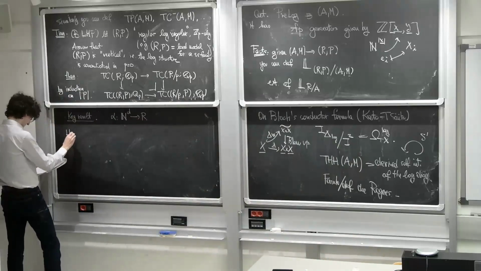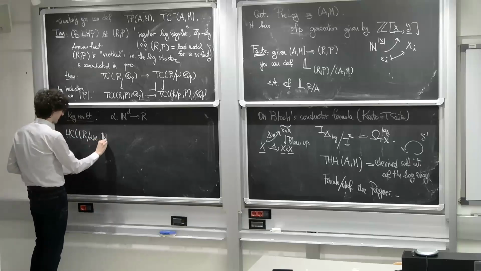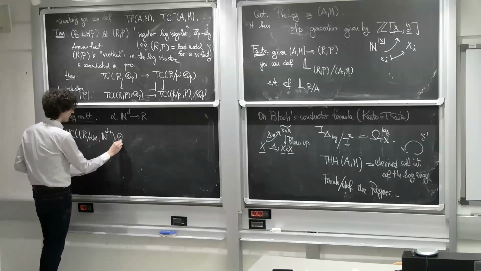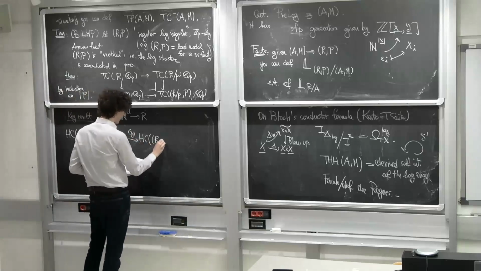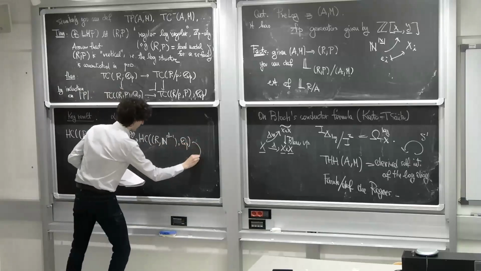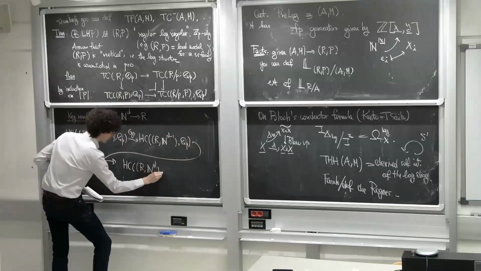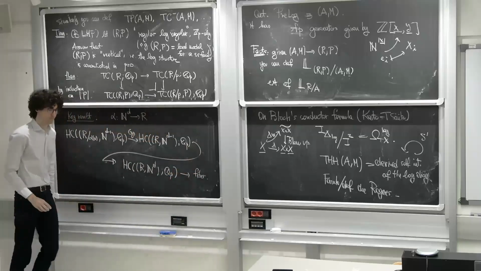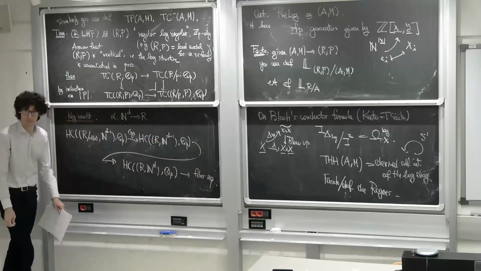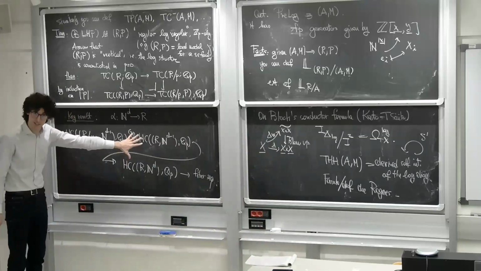Then there is a sequence like this, HC of R_P to HC of R_P log, a fiber sequence. This is a fiber sequence. How to understand this sequence?